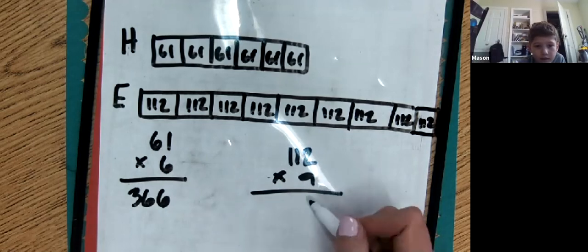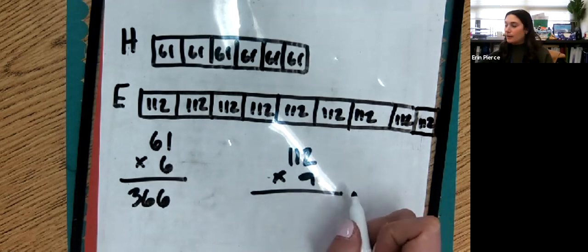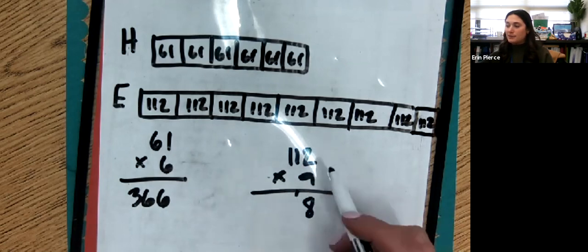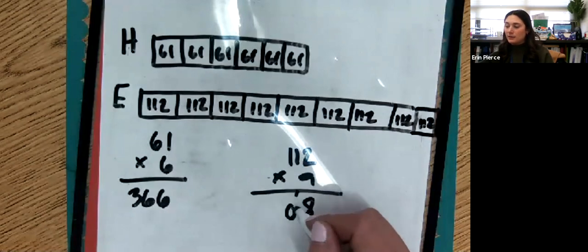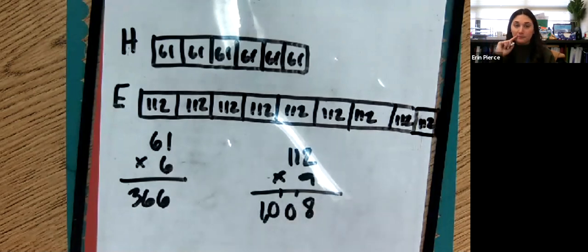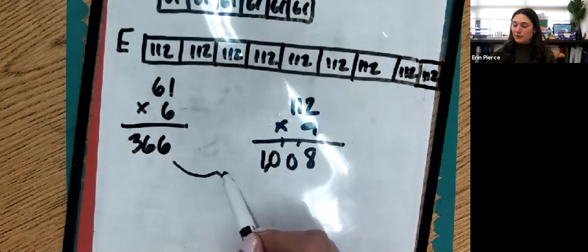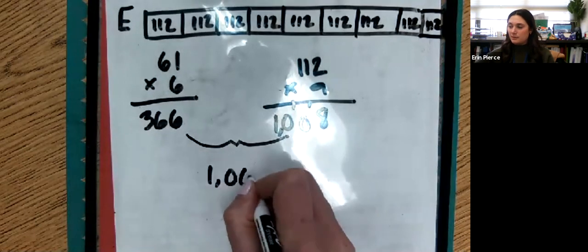All right. What would you say? 1008? 9 times 2, 18. Carry 1. 9 times 1 is 9 plus 1 is 10. 1008. Good job, Mason.